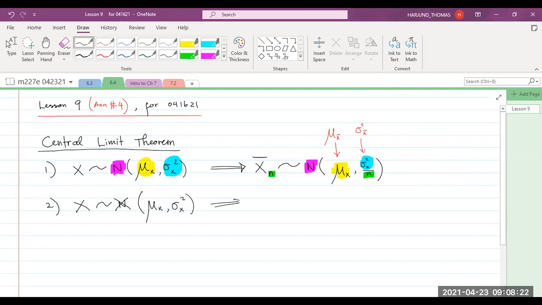Then what happens with the sampling distribution? It will also be normally distributed with the same mean and variance, the original variance divided by n, as long as the sample size is at least 30.